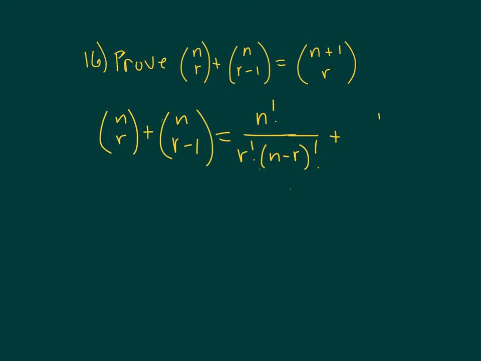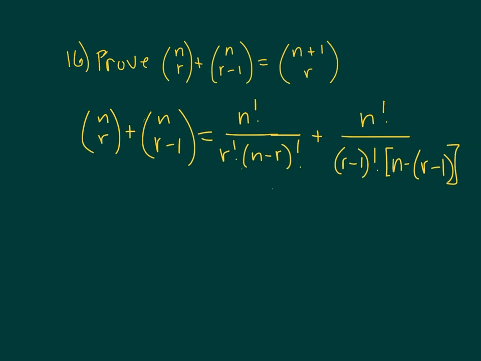So that is n factorial over r minus 1 factorial times n minus (r minus 1) factorial.